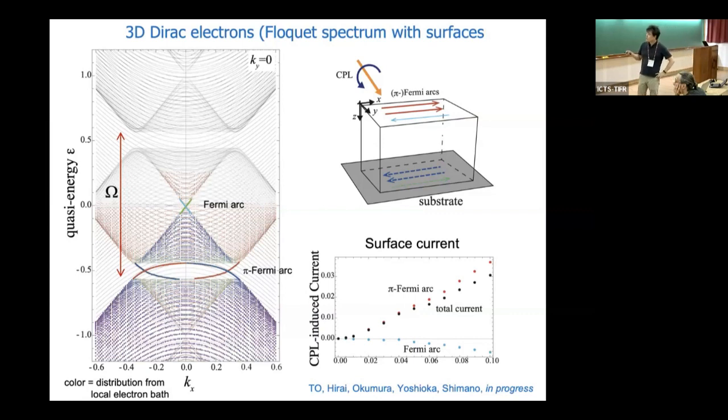But maybe one signature is that for this example, which happens in this one-photon resonant regime, the gap size that we have here is proportional to A. A is E over omega, E is the electric field. So this is the current that we generate. Initially it's kind of quadratic. Okay, so this is against A. And so it's quadratic, but then it turns into linear.